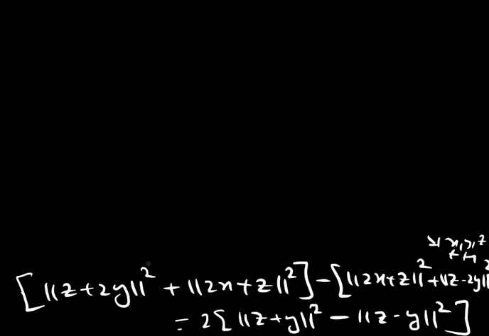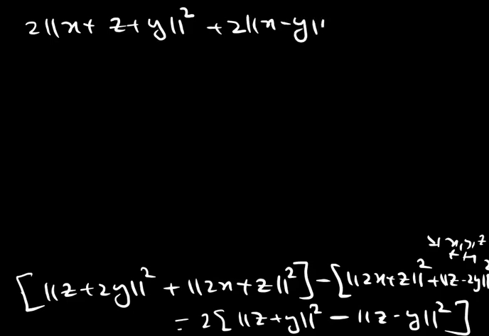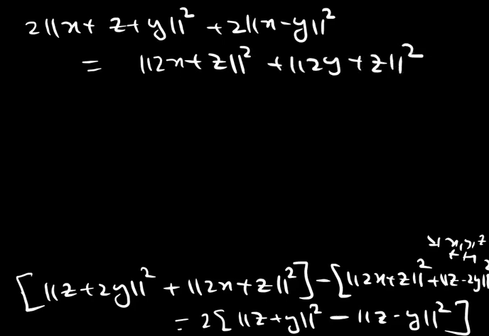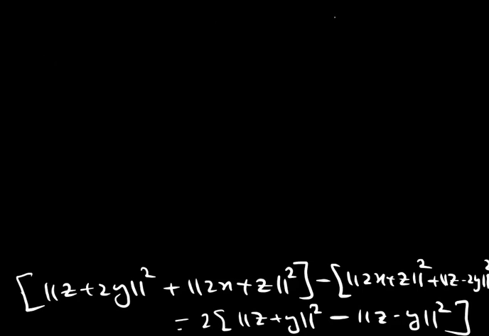So let's write, 2 times norm of x plus z plus y whole square plus 2 times norm of x minus y whole square. This is in fact equal to norm of 2x plus z whole square plus norm of 2y plus z whole square.